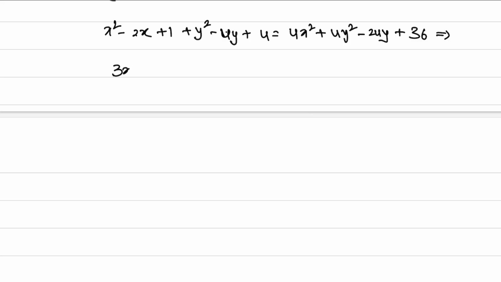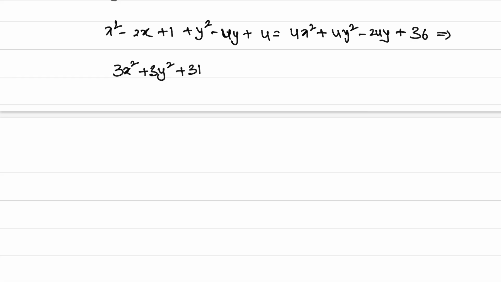Nothing in this question now. 4x square minus x square, take everything on one side: 3x square. 4y square minus y square is 3y square. Plus 1 plus 4 is 5, and 5 goes on the other side. 36 minus 5 is 31.